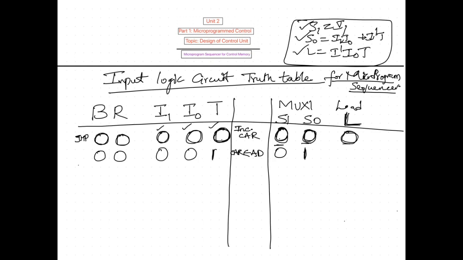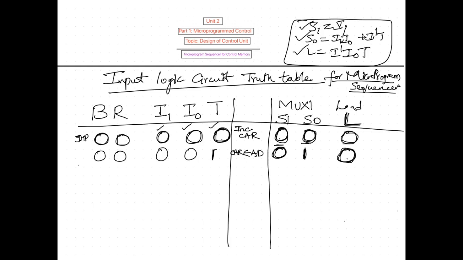What is the line 1 source? 0 1, and load will be 0. There is no need of the SBR register, that's why 0. How did I get this 0 1 0? By understanding the truth table.